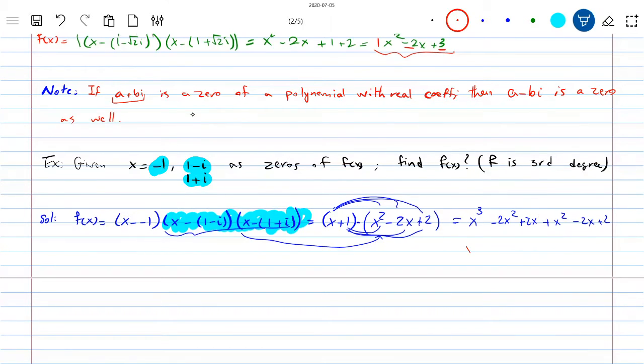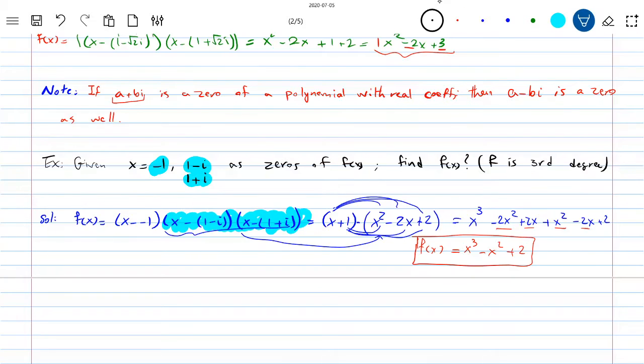Finally, this is f of x: x cubed, minus 2x squared and x squared give me negative x squared, plus 2x and minus 2x will cancel out, and I have plus 2. This is the polynomial.